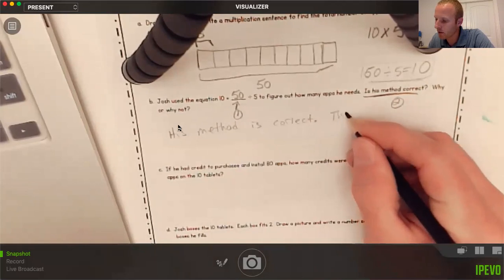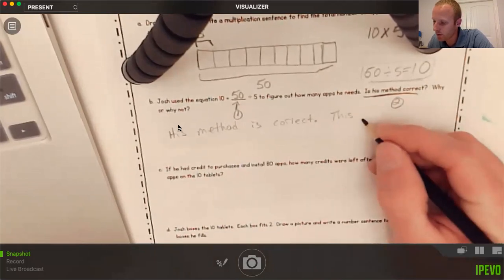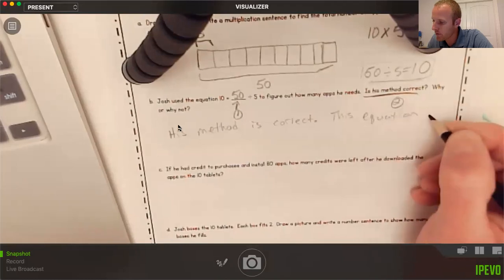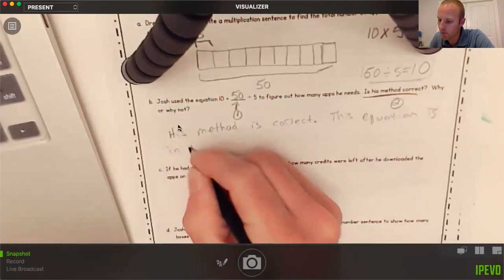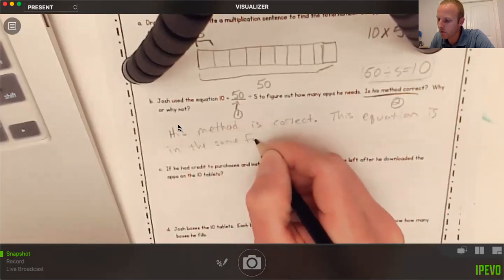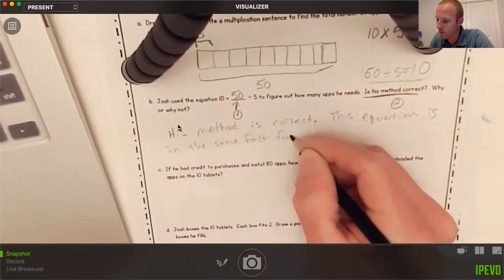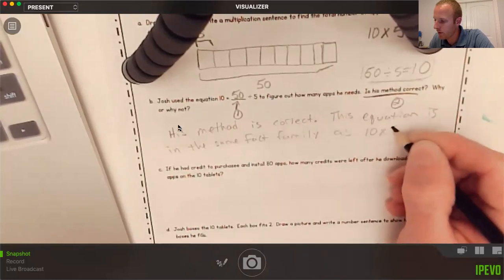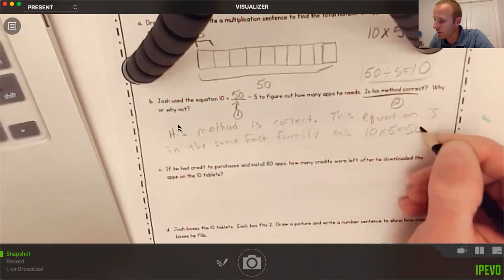This fact, or this equation, is in the same fact family as 10 times 5 equals 50.